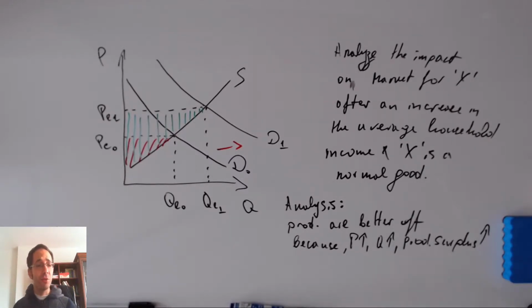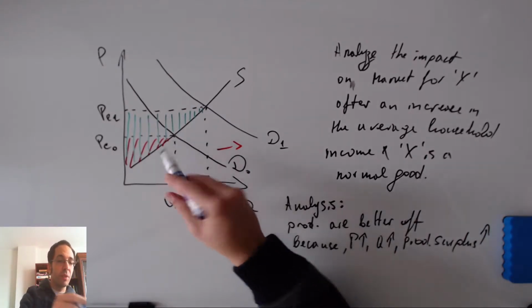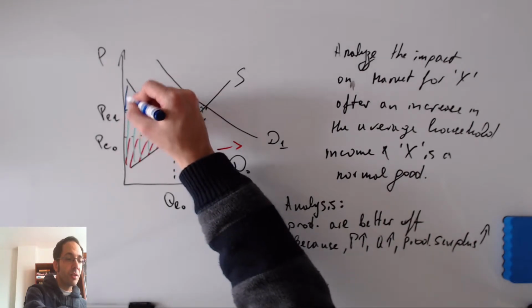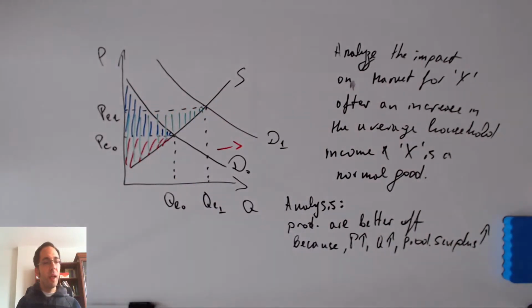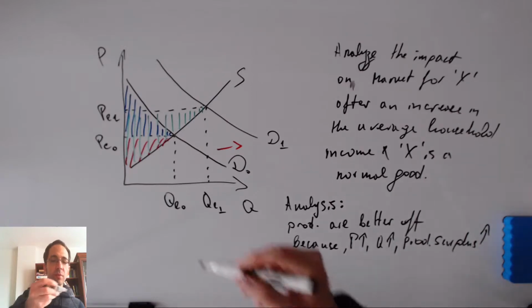Let's see what's happening to the consumers. Now, in the old equilibrium, the consumers had this surplus. Now, in the new one, I'm gonna use black.